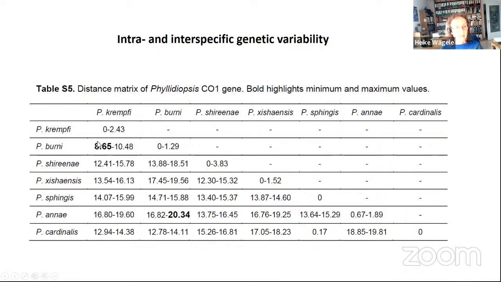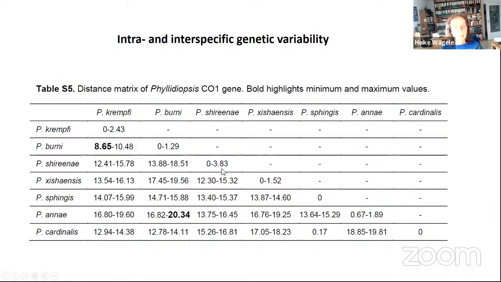Then we see that the lowest difference between specimens of here to specimens of there was 8.65%, and the highest distance was more than 10%. Whereas when we compare the different specimens within burni, we have such a low distance with only 1.3%. So intraspecific, we have here less than 3, less than 2.